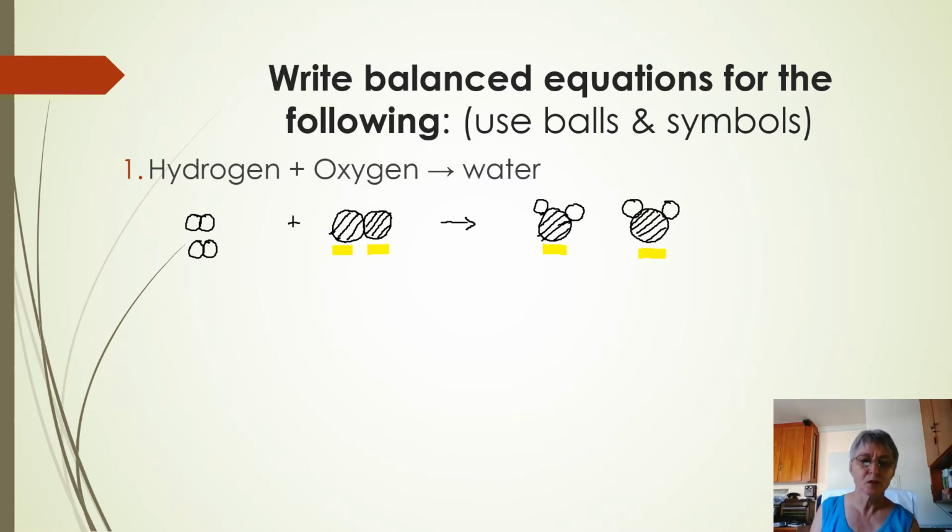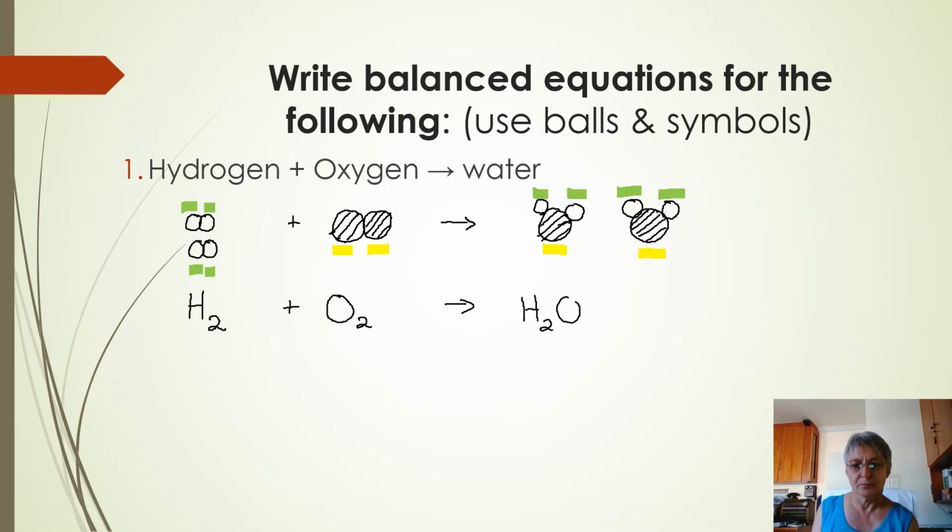Now, we've got 1, 2, 3, 4 atoms of hydrogen on the left-hand side, and we've got 1, 2, 3, 4 atoms of hydrogen on the right-hand side of the arrows. In terms of symbols, hydrogen reacts with oxygen to make water.